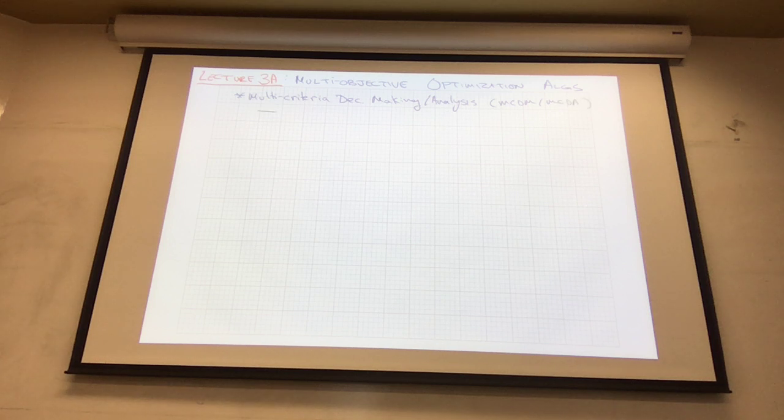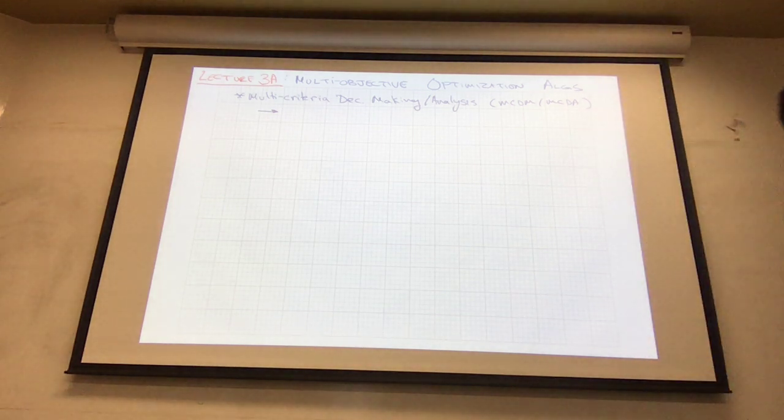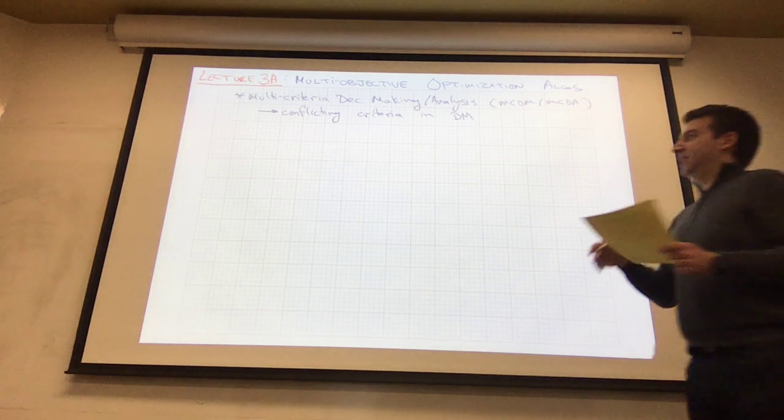It's basically when I have the same spirit of optimization, but I have conflicting criteria. So I have a problem that requires me to make a decision, and I have conflicting criteria. So DM being decision making there.